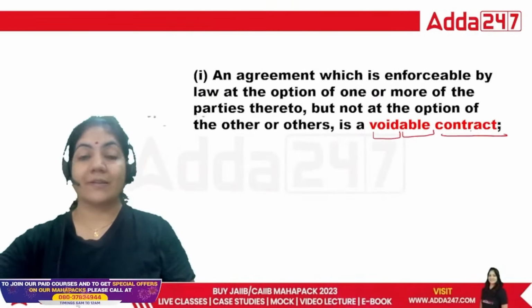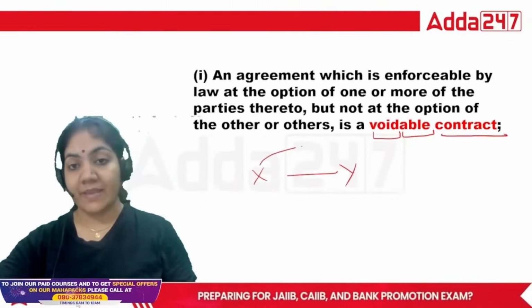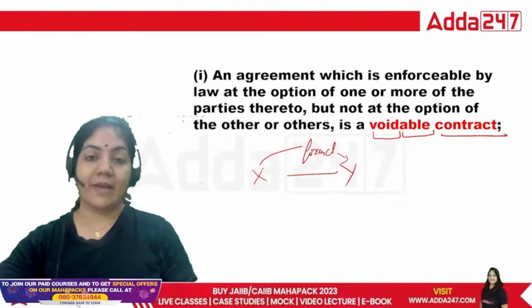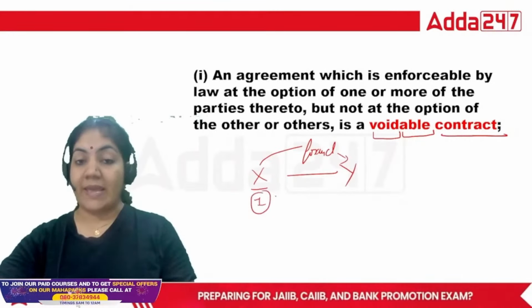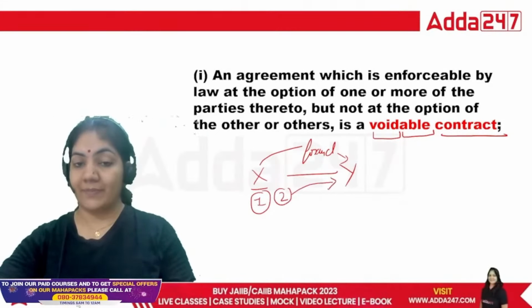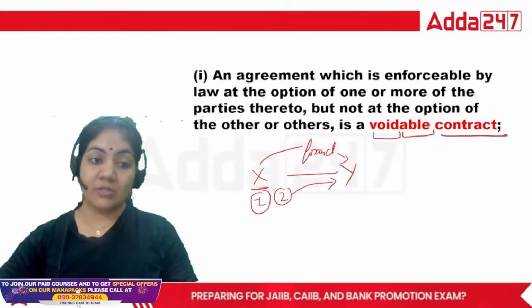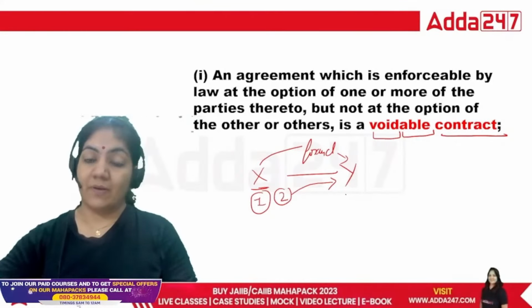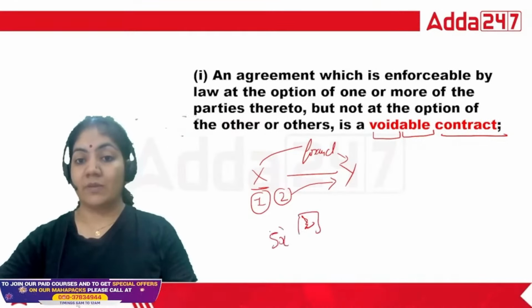Voidable contract. See, X and Y are there. X is doing fraud with Y. X is saying that I have two bungalows, but actually X has only one bungalow. And X gives a bungalow that does not belong to him to Y. So in that case, what will happen? X is doing fraud. Suppose Y mistakenly signs the contract and has given 50 lakh rupees for that bungalow.